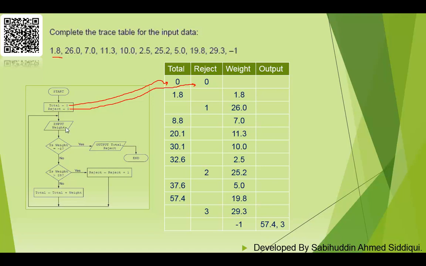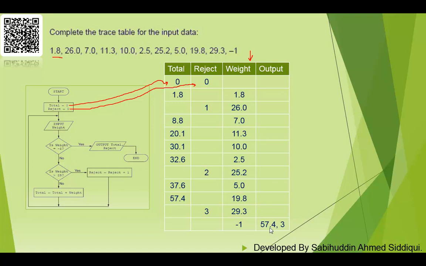Now the weight, you are inputting the weight. You can see this weight column is here, and the condition which will be tested is written here: weight equals -1.